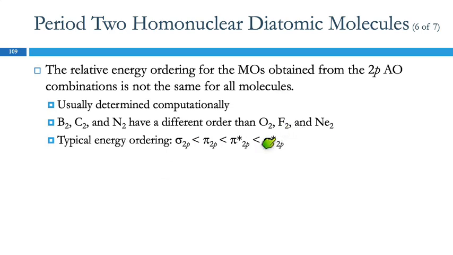But this is what's considered the typical ordering, where the sigma bonding is lowest, and then the pi bonding, and then the pi star, and then the sigma star. That's what's considered typical. So we got the sigmas on the outside, the highest and the lowest, and the pi's in the middle.